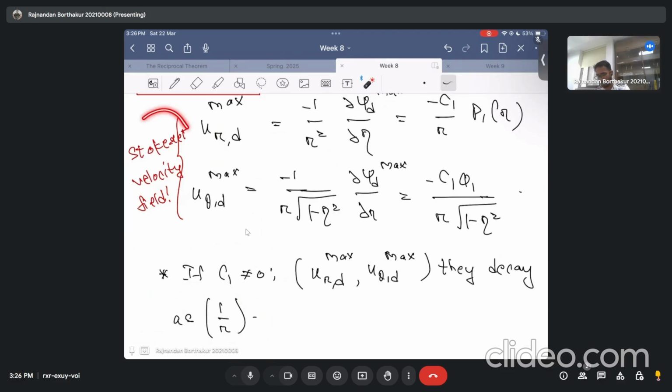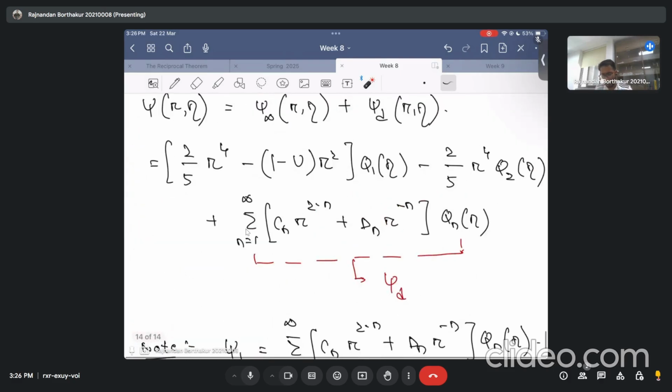The Stokes-Slade velocity field has some very important usefulness in creeping flow problem, because this is the maximum possible disturbance that will arise in the flow field, and the physics of the flow is governed by the maximum possible disturbance, which is just the Stokes-Slade velocity field that we just discussed. Okay, so that's the quick note that I want to give.